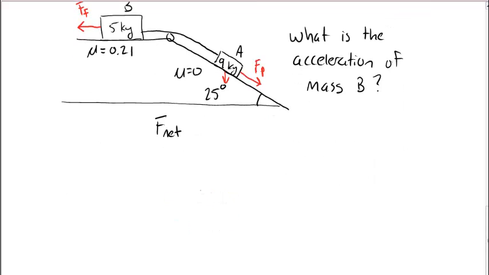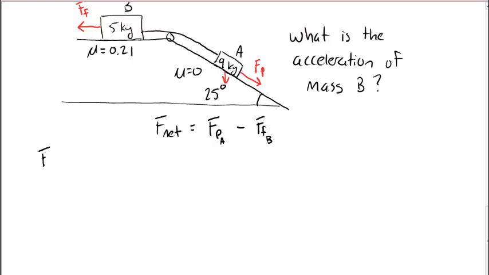So our net force, I'm predicting this will move down, that the 9 kilogram mass will exert a greater force than the force of friction, and so I'm predicting this is going to go clockwise or down the hill. So the net force will be the parallel force coming from A minus, and resisting will be the force of friction coming from B.